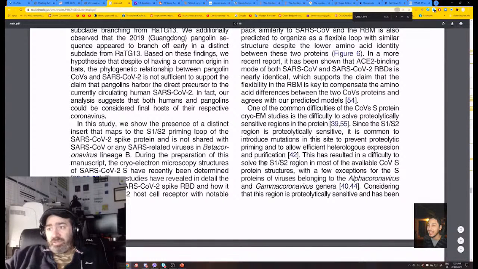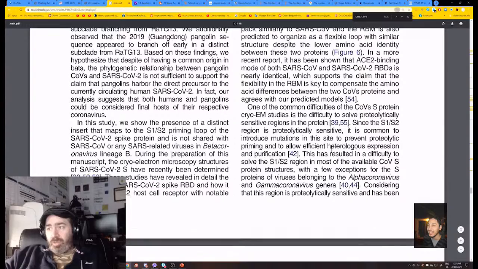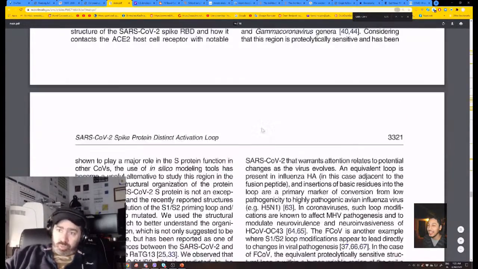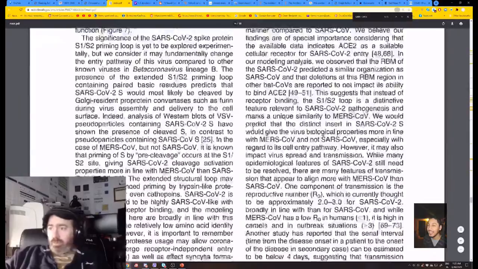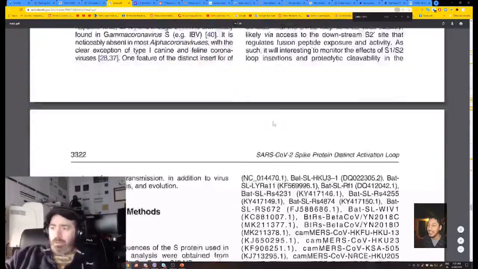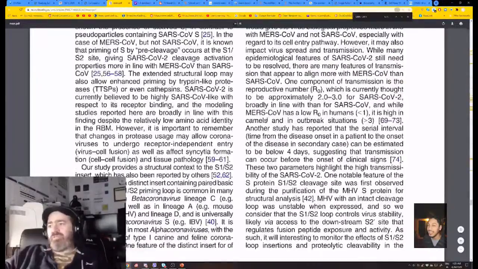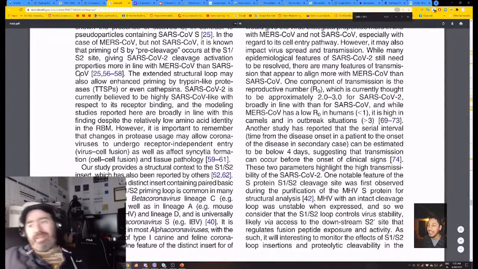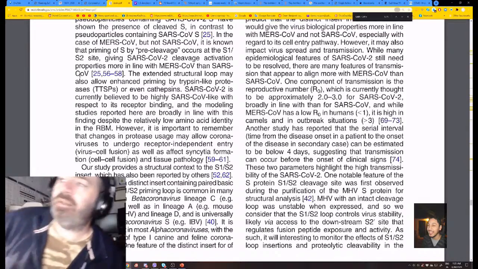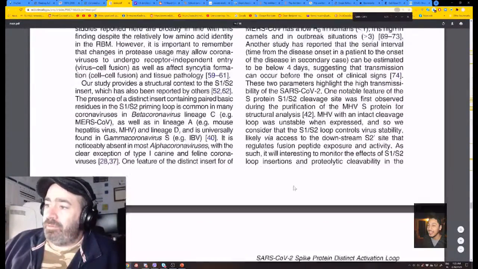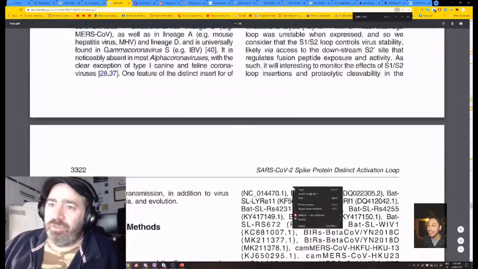This has resulted in the difficulty to solve the S1/S2 region in most of the available CoV-S protein structures, with a few exceptions. Well, for me that was interesting because it's got the PRRA sequence in it, and there's nothing else really new in that.